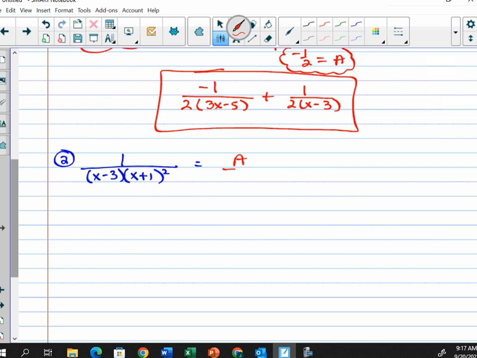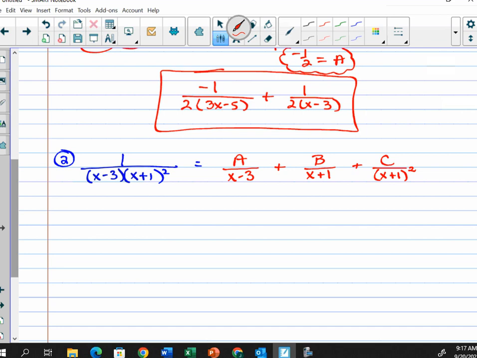So we're going to have an a over something plus a b over something plus a c over something. First one's easy, a over x minus 3. Okay, x plus 1 quantity squared. You sort of have to build up to it. So b is going to be over just x plus 1. C is over x plus 1 squared.